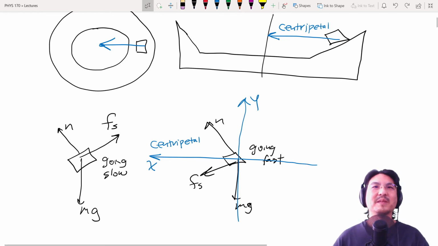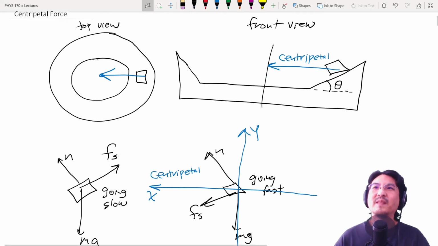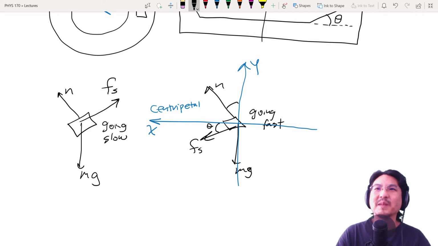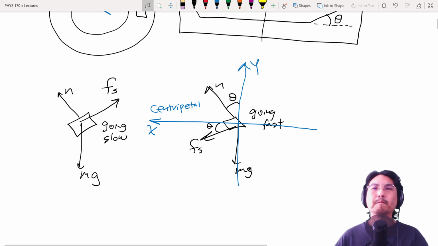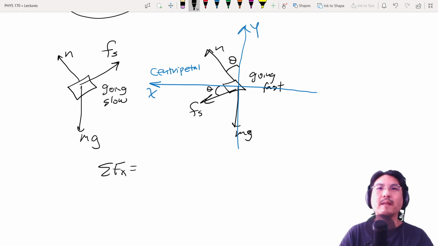Okay, let's take a look. Say I have sensors in the vehicle to measure orientation, then I can measure this angle. And if I look at that picture, that angle is the same as this, which is the same as this. Now let's write Newton's second law decomposed. In the x direction, I got that and that.